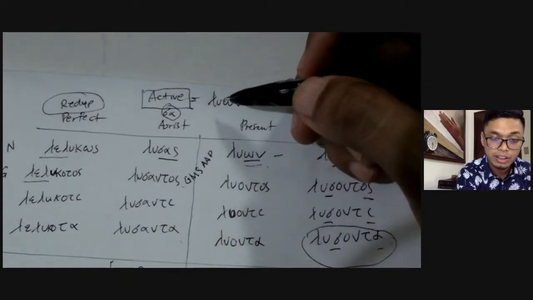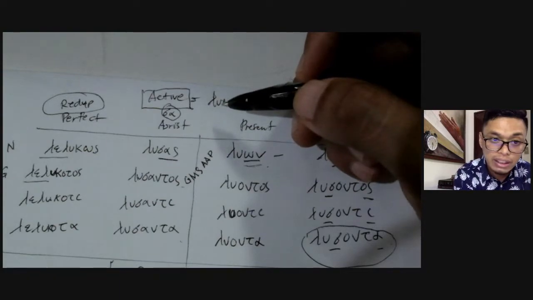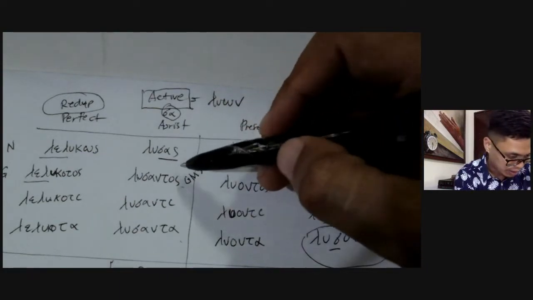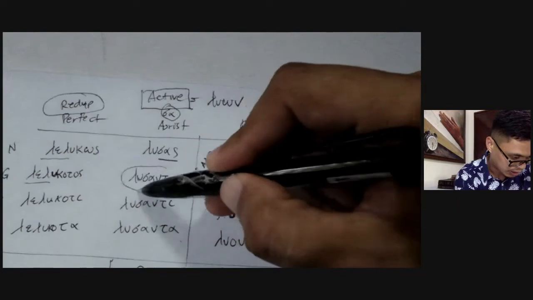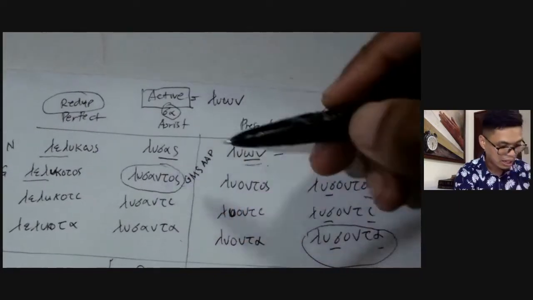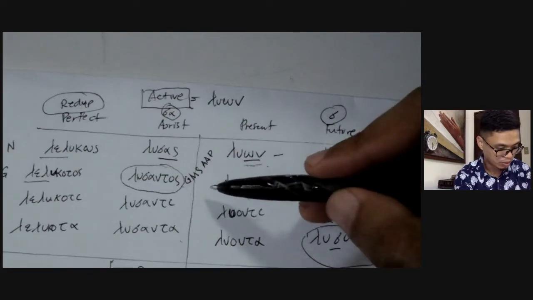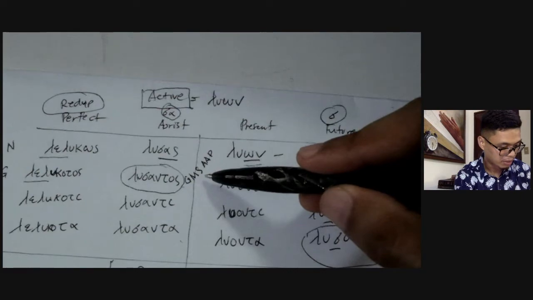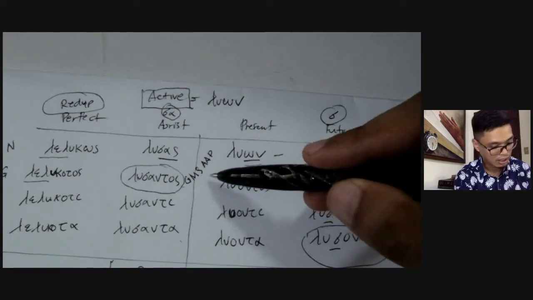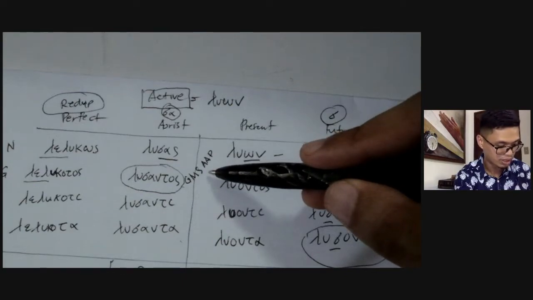That's how you parse it. You always do case, gender, number, and then you see what tense it is, and then voice, and then participle because we're doing participles.